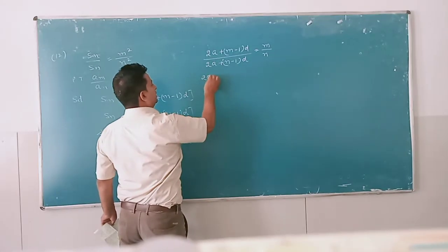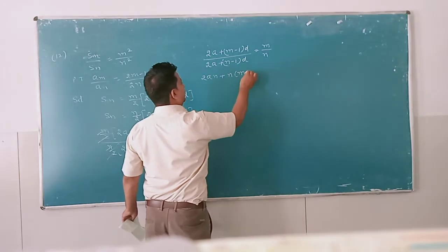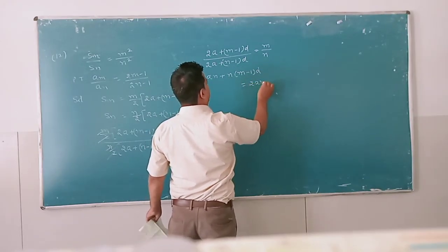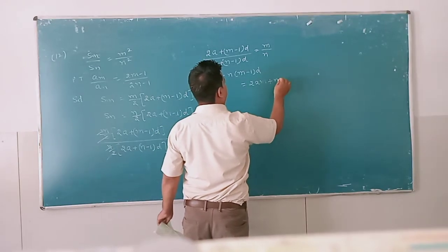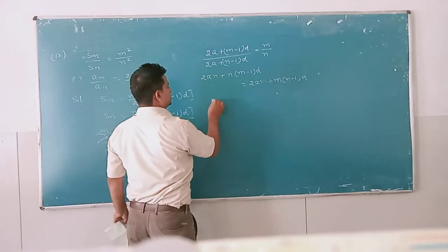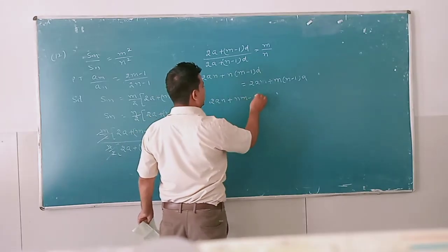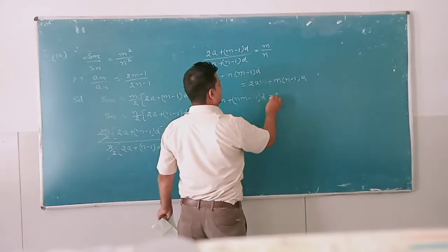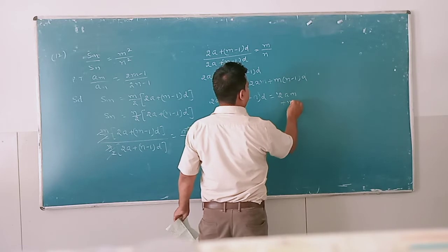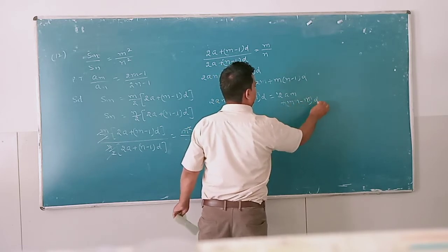When we cross multiply this, we have 2an plus n into m-1 into d, and 2am plus m into n-1 into d. This is 2an, plus nm-n into d, this is 2am, plus mn-m into d.